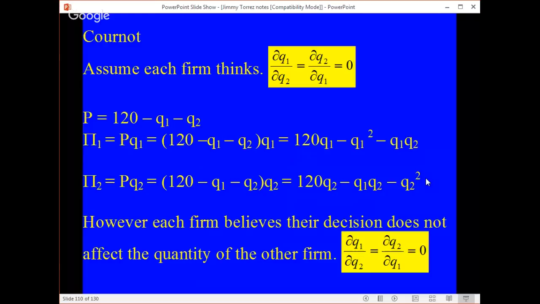So 120 minus Q1 minus Q2 times Q1, because this is the profit of firm one. So I get 120 Q1 minus Q1 squared minus Q1 Q2. And the same thing for firm two, 120 Q2 minus Q1 Q2 minus Q2 squared. Okay. But each firm believes that their actions go unheeded by the other firm. It doesn't react to yours.